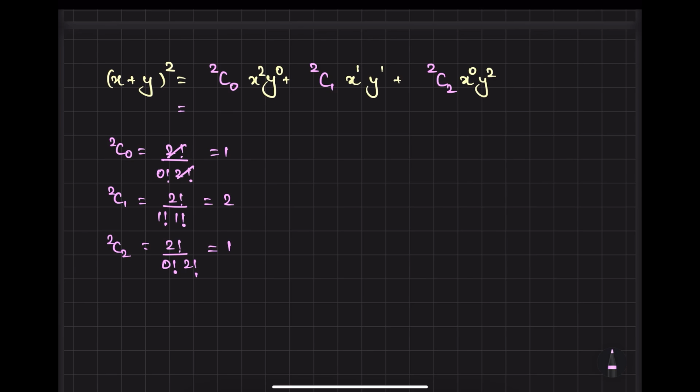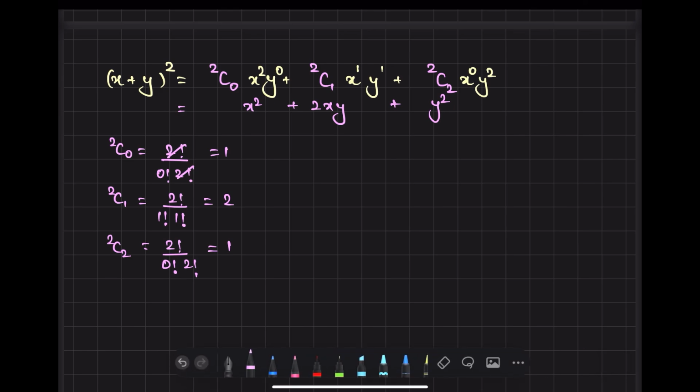So the expansion is x^2 + 2xy + y^2. This is how we have resolved the problem of those coefficients.